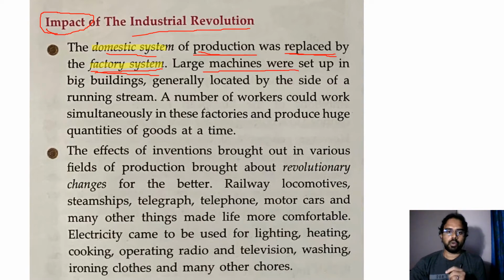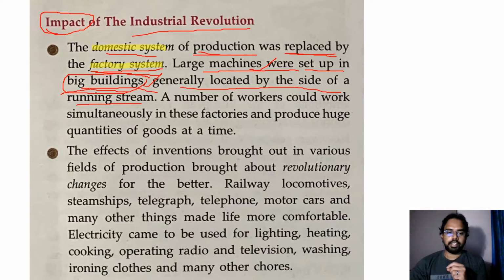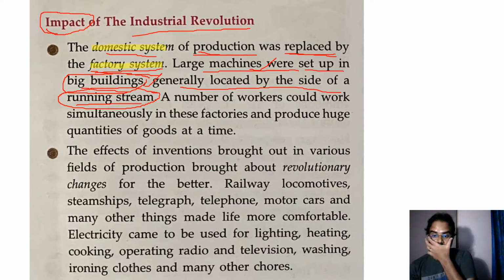Large machines were set up in big buildings, generally located by the side of a running stream. To run this huge factory system of production, they needed big buildings, large machines, and also a running stream, meaning water facilities.